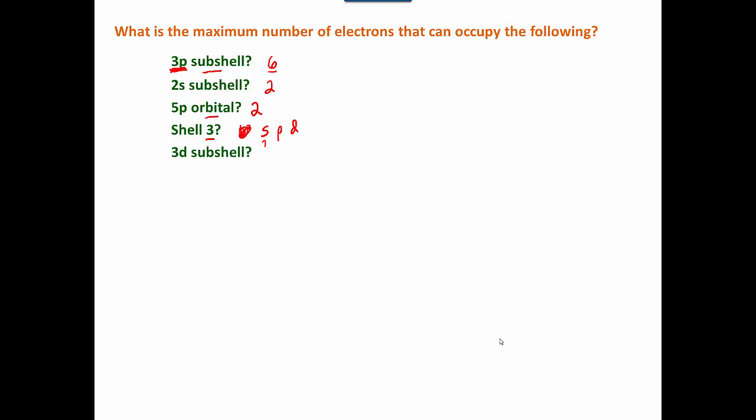So a maximum of 2 in the s, a maximum of 6 in the p, and a maximum of 10 in the d. So that's 18 electrons. And then a d subshell, whether it's a 3d, a 4d, or a 5d, can hold a maximum of 10 electrons.